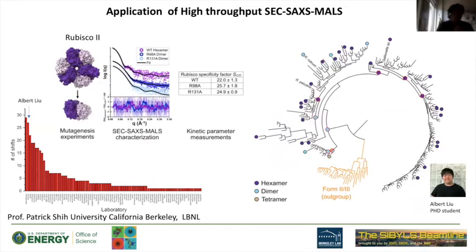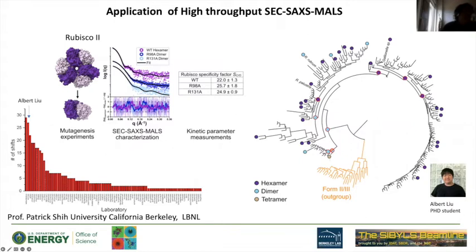What was done, and I want to mention this one again, shows how not only a few samples can be collected. In collaboration with Patrick Shi, particularly Albert Liu, who's a PhD student in Patrick Shi's lab, we collected about 30, 40 SEC-SAXS samples of different forms of rubiscos. And it was done mostly overnight.